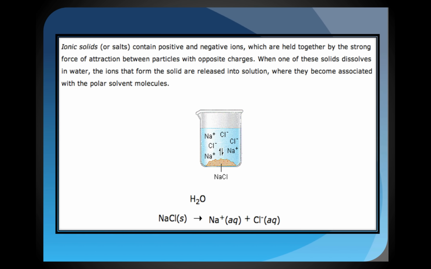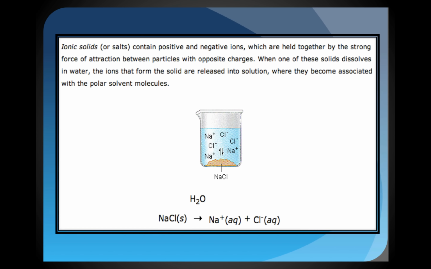In other words, when an ionic solute dissolves in water, it breaks up into the positive and negative ions that make up the solid. So, ionic compounds are a crystal made up of negative and positive ions that are held together by the attraction between oppositely charged ions.